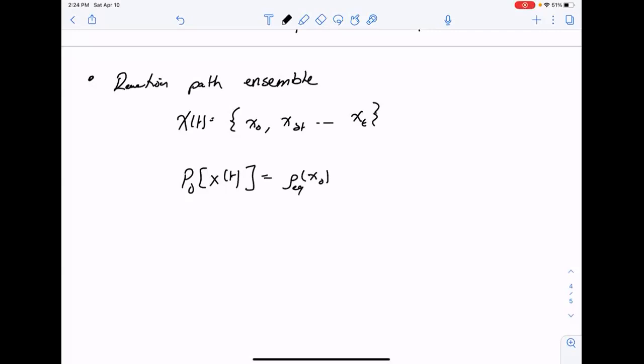We can, for simplicity, imagine that this is an equilibrium distribution. And then the second factor is the conditional probability of generating that trajectory from that initial condition. For example, if we're evolving with stochastic dynamics, that conditional probability would be some Onsager-Machlup form. If we're evolving with deterministic dynamics, that's a set of delta functions.